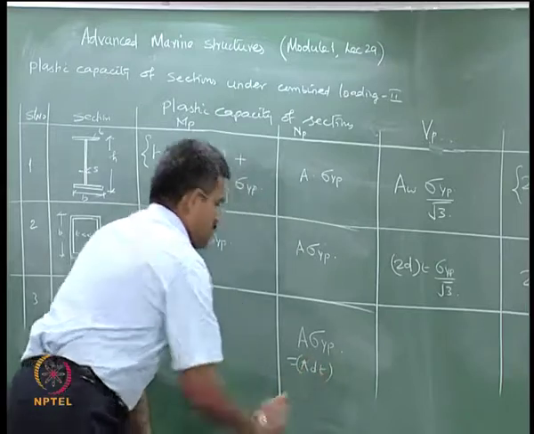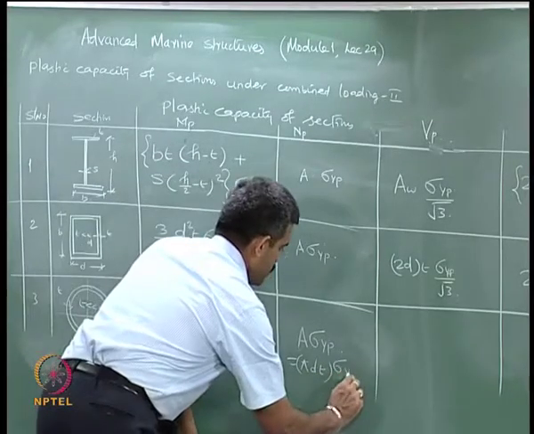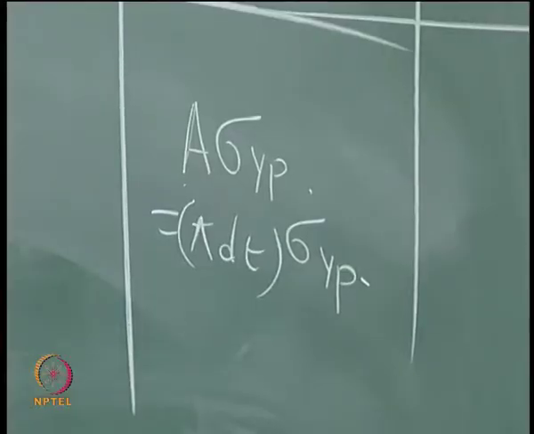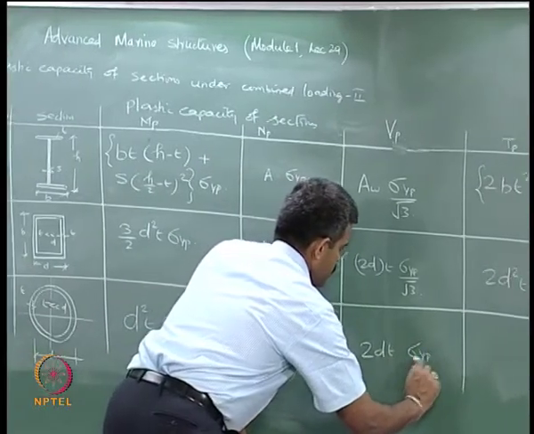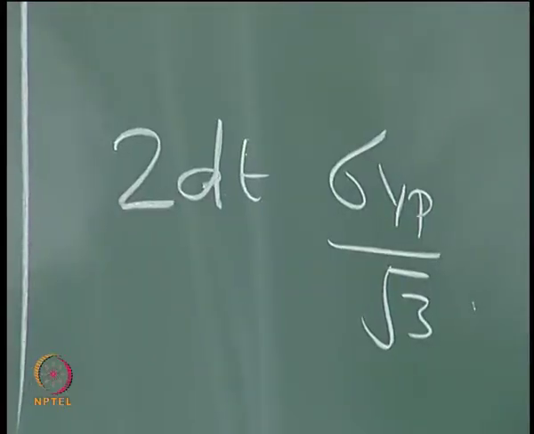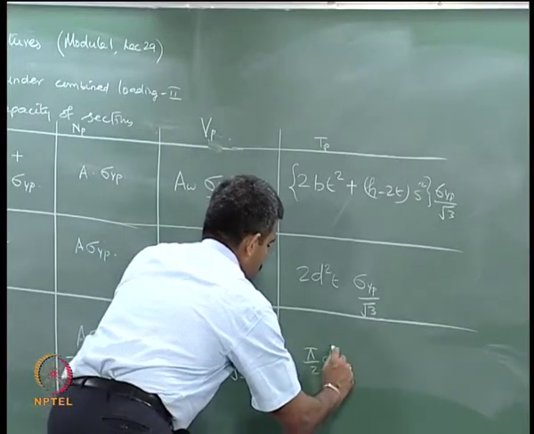It is not pi d square by 4, it is the circumferential length times thickness, pi d into t into sigma yp. So 2 dt and pi by 2, just now we saw this derivation.